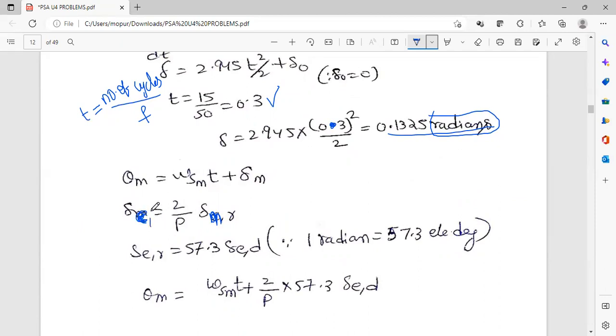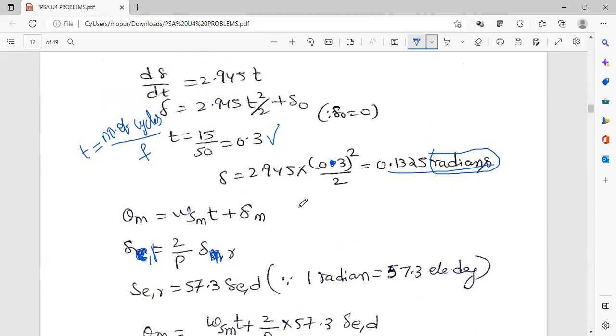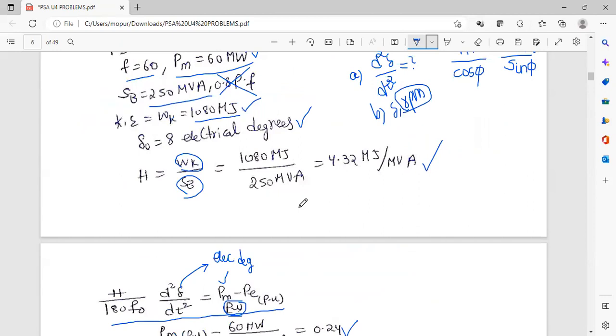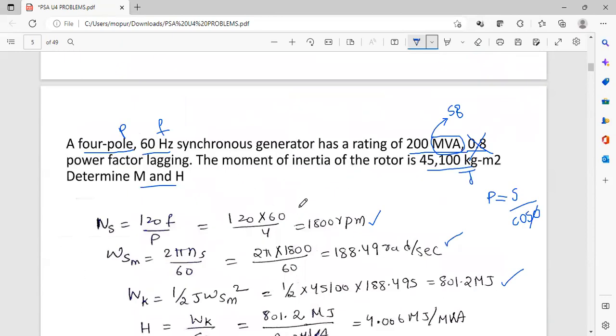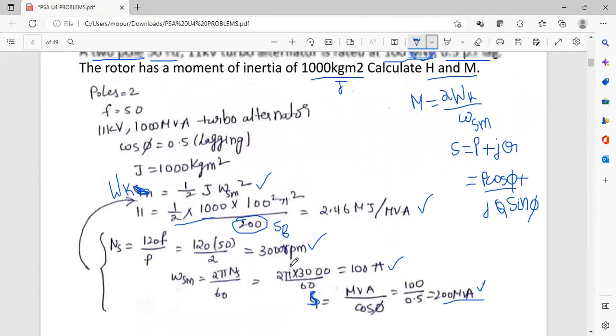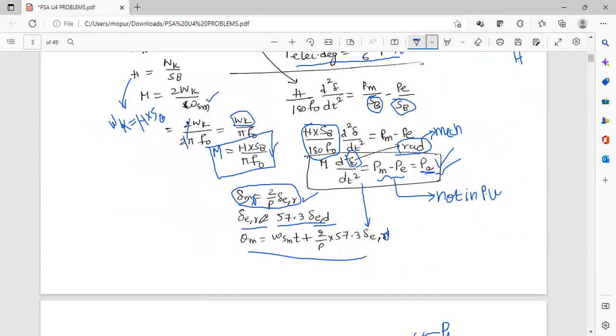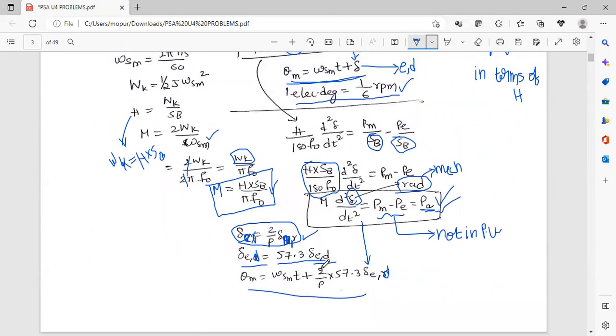By multiplying this mechanical radians with 2 by P, electrical radians will be obtained. Now electrical degrees is equal to 0.75 into electrical radians.